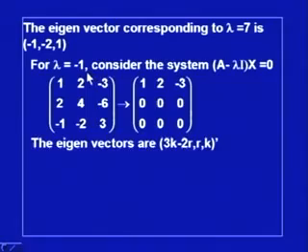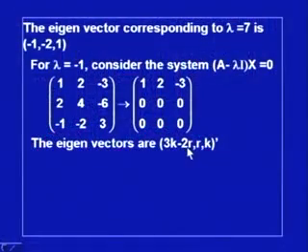So, this problem is different from the earlier problem. In the earlier problem, we had a root of multiplicity 2, but we could find only one independent eigenvector. But in this case, the multiplicity is 2 and we can find two independent eigenvectors. Now, these two independent eigenvectors can be obtained as 3k minus 2r, r and k. How?